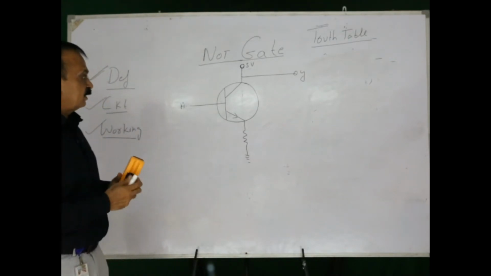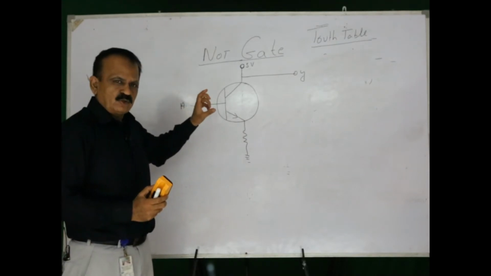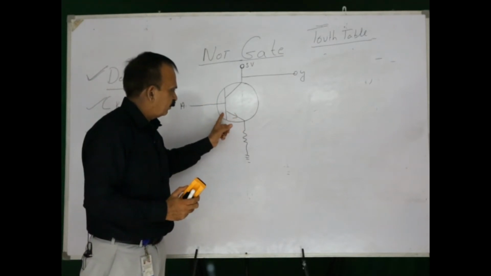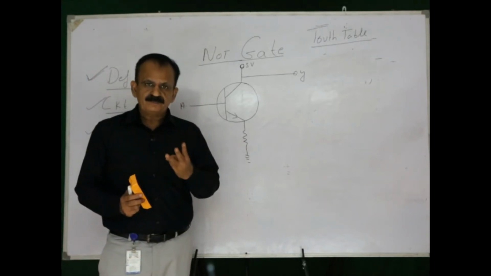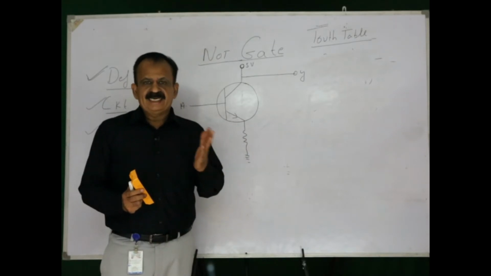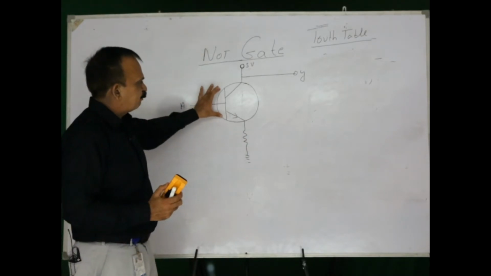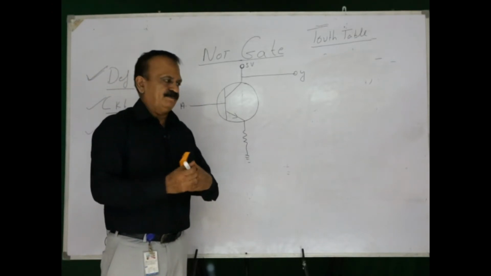Now, this transistor is NPN transistor, because we understand that in electronics this arrow always points from P to N, and in transistor there are three parts: emitter, base and collector, and the base part here is P. That is why this transistor is NPN transistor.